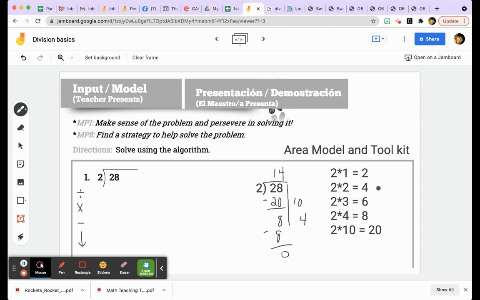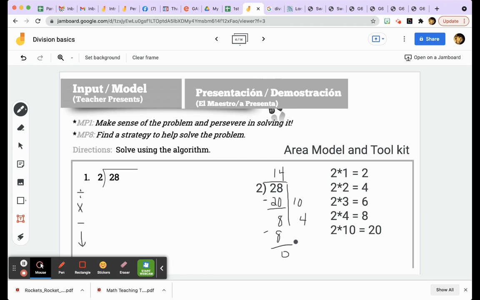And you're looking for the largest factor. In this first time, it was 10. 2 times 10 is 20. You write the factor outside of the division and the product inside, subtract, and then do the same thing again.